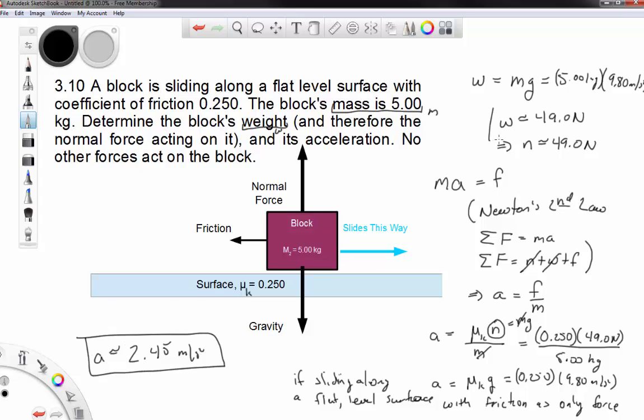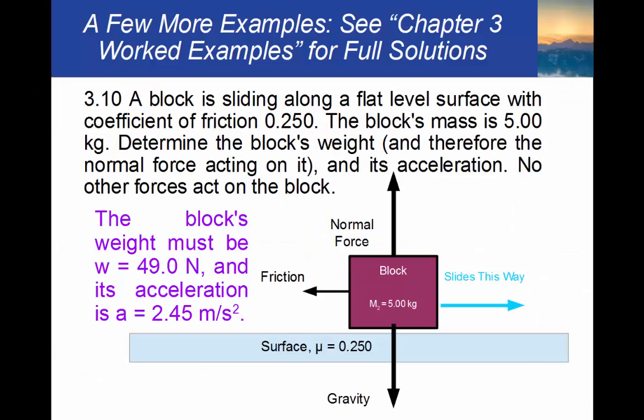And we should notice that there are three significant figures in both, so these are the forms that your answers should end up appearing as. Thus, we write that the weight is 49.0 newtons and the acceleration is 2.45 meters per second squared.